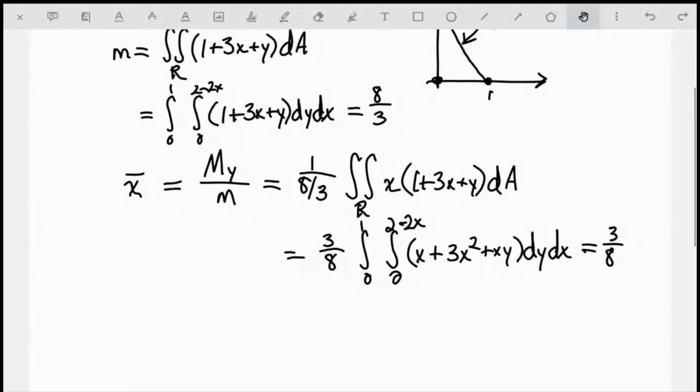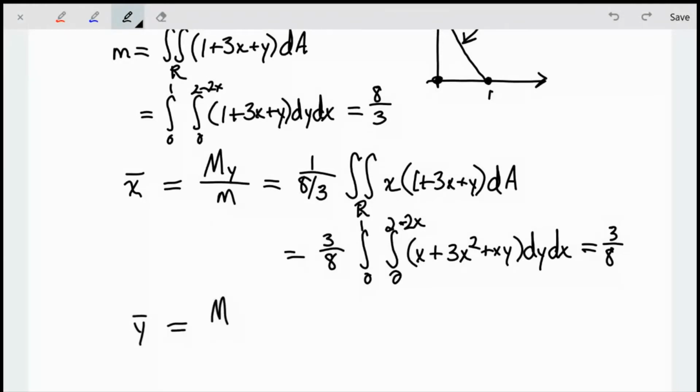Okay, so now we can do the same thing to find the y center of mass. If I want this y center, I'm just going to do the moment about the x-axis divided by the mass. I'm not going to go through the general setup first. I'm just going to jump straight to the double integral with my limits of integration.